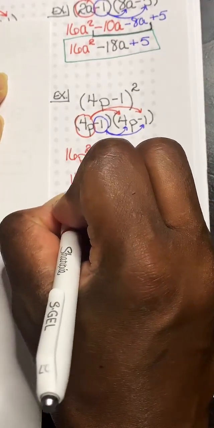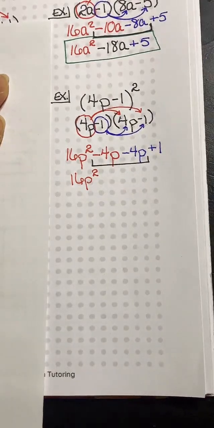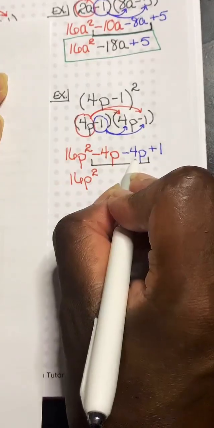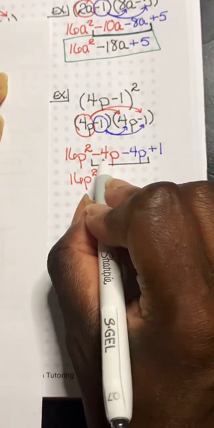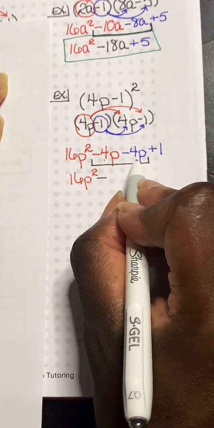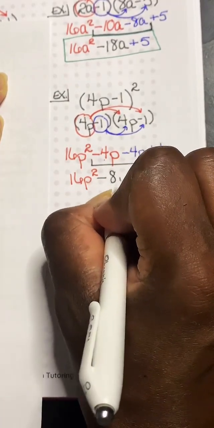Right smack here in the middle, there's our like terms. So we bring down our 16p squared. -4 minus 4, they're both negative, so combine them. You owed me $4, now you owe me another $4, so that means you owe me $8.